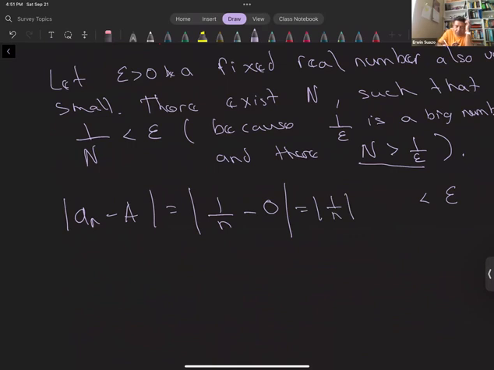But now, notice this. 1 over n is less than or equal to 1 over N when n is bigger or equal than N. Because if we invert it, 1 over N is bigger or equal than 1 over n.